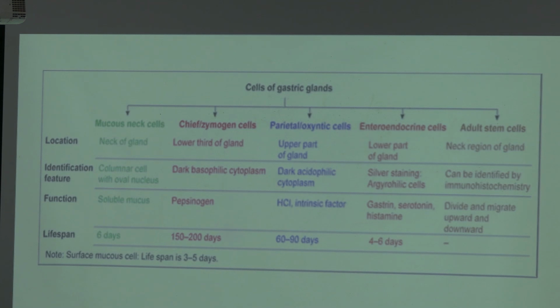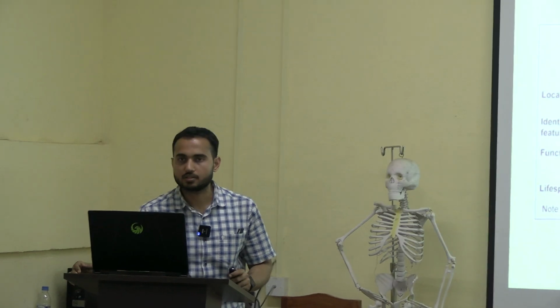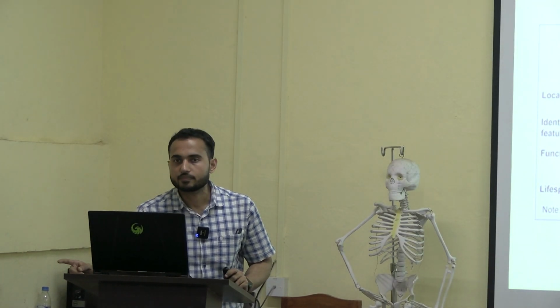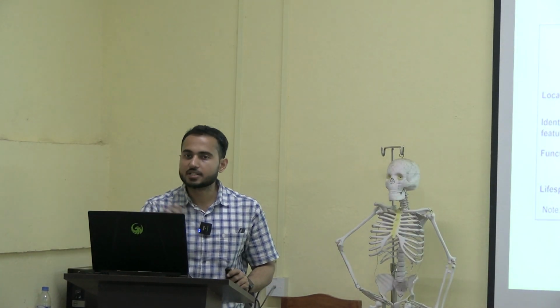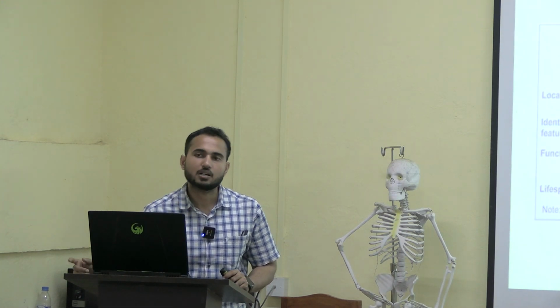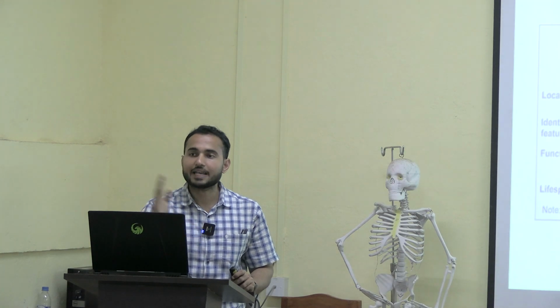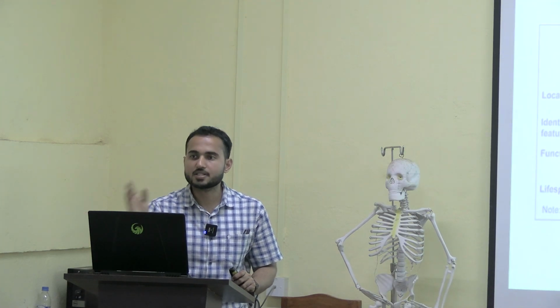Another type of cell which secretes mucus is the mucous neck cell. Where is it located? At the neck of the gland. What is the difference? In the first case we have seen that the mucus secreted by the lining epithelium is for protection. It protects against the enzyme and the acid which is secreted.